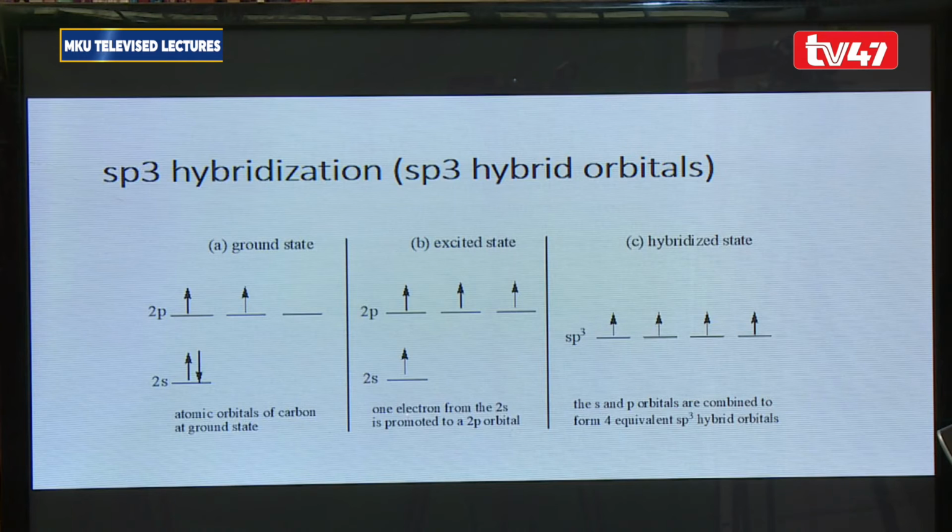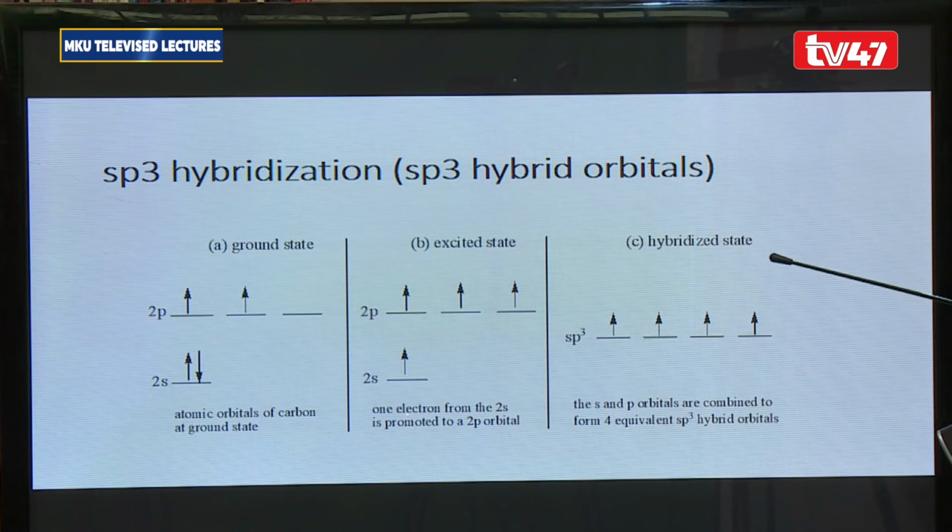Because of the stability established by forming equivalent bonds, the orbitals undergo excitation, an excited state, so that an electron in the 2s moves to the 2p, and you have 4 unpaired electrons. Now, the 2s would be at a different level from the 2p.